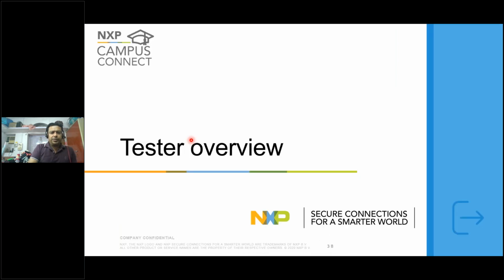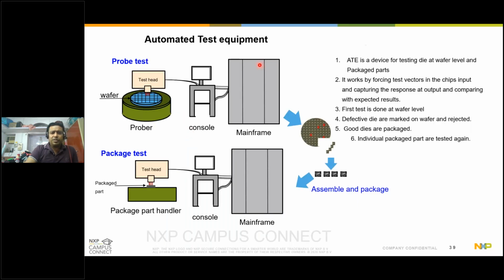Okay. So probably this is the last topic of my presentation, tester overview. So we have seen various DFT techniques that are used to test an SOC, but how is actual testing done?